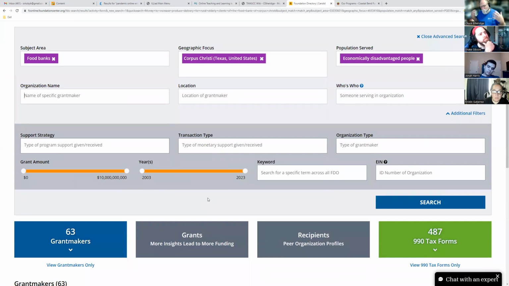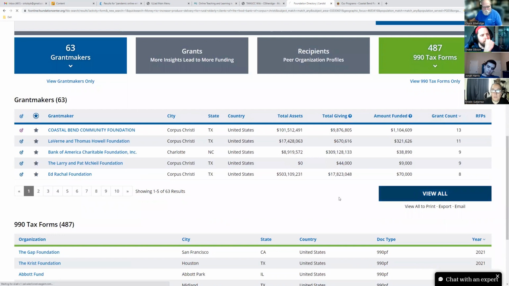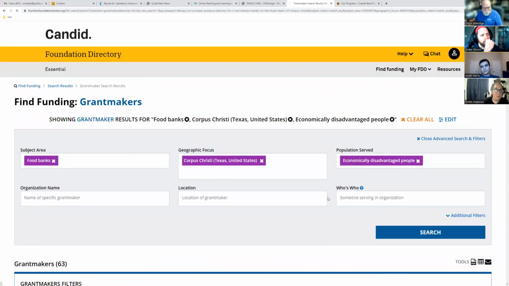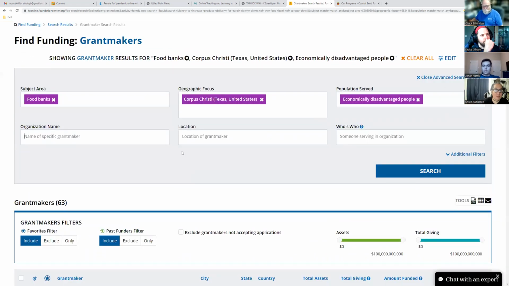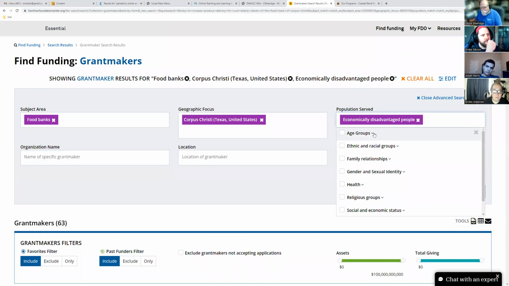Because what's going to happen is, for a lot of reasons, these aren't all going to apply, and you just have to plow through them all. You just have to go through and see which ones are good fits and which ones aren't. Now I'm going to skip down because this is the second group I've done this with, but I could add age groups, adults.